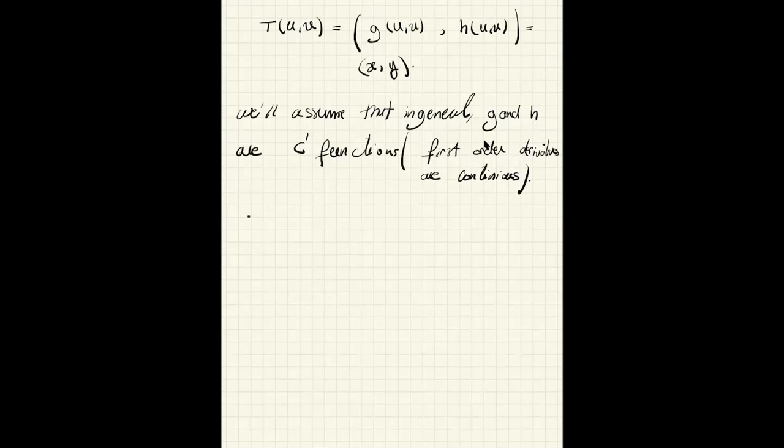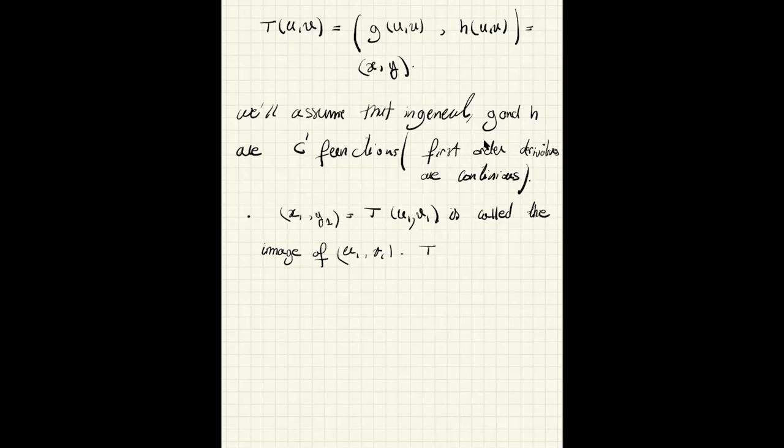The point (x1, y1) is called the image of (u1, v1).